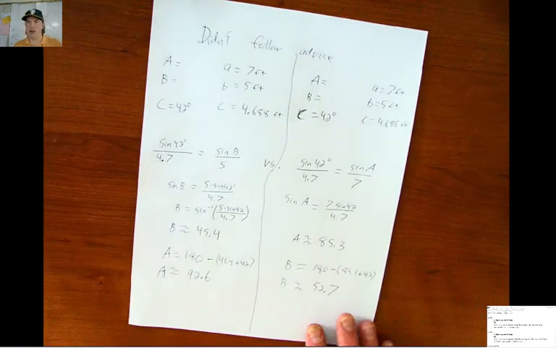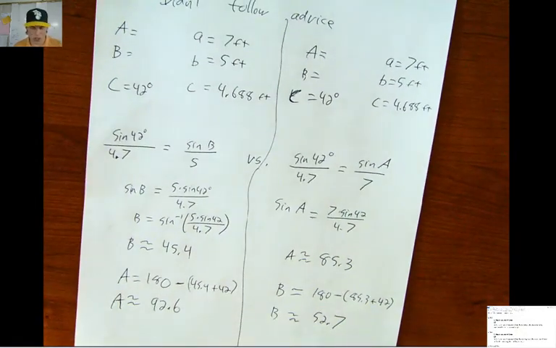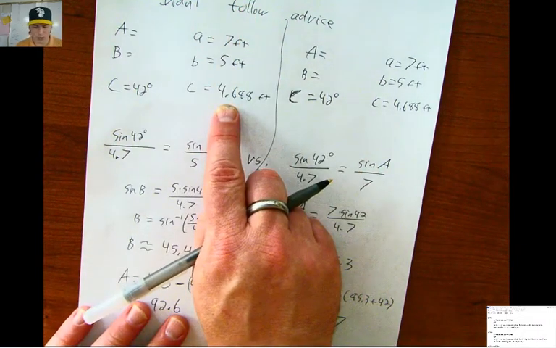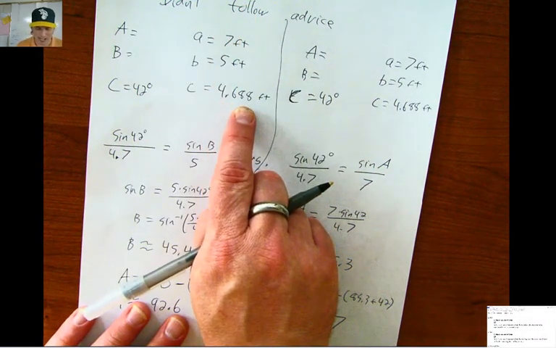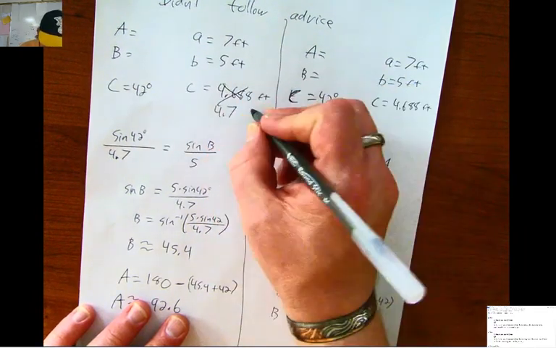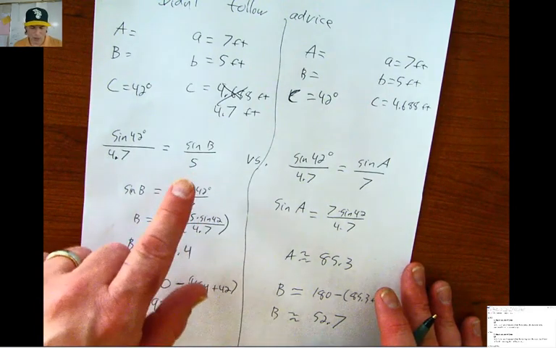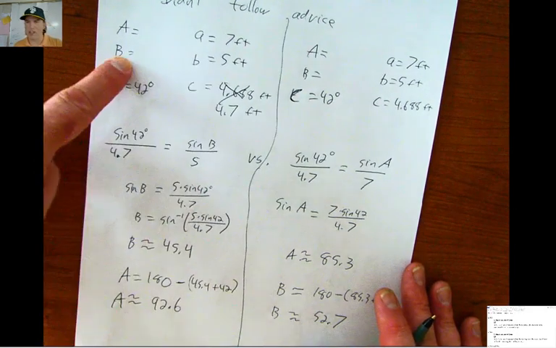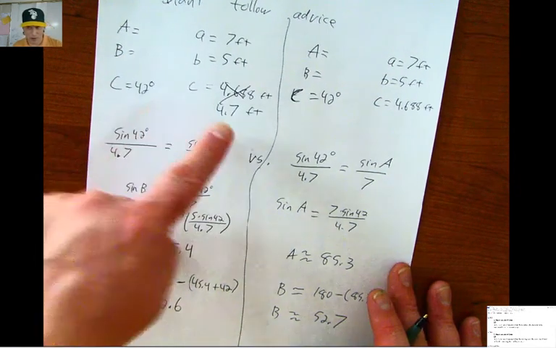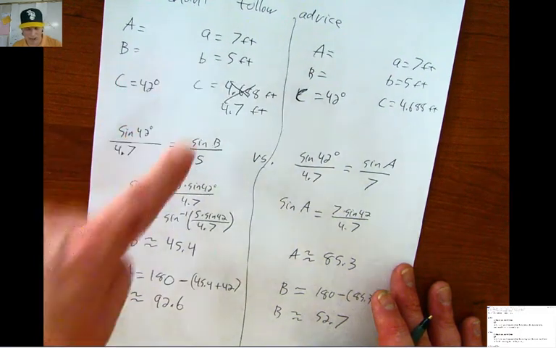Let's say you did not follow my advice. So we got to here, we got this point that we have side C. We know that side C is 4.688. For the rest of this example, I'm just going to use 4.7 feet so I can write a little bit less. So then let's say I decide to use law of sines to find angle B. So I go sine of 42 divided by 4.7 equals sine of B divided by 5.